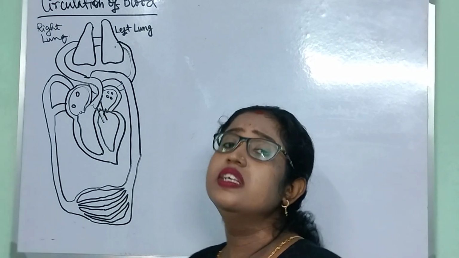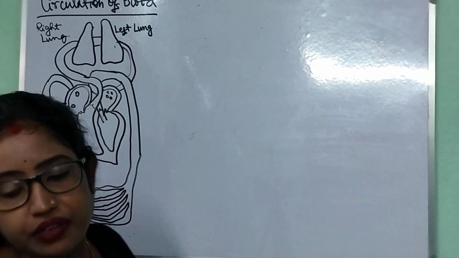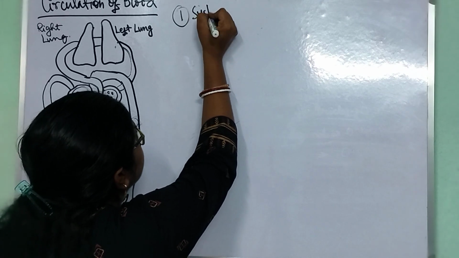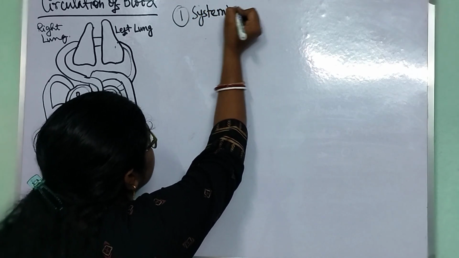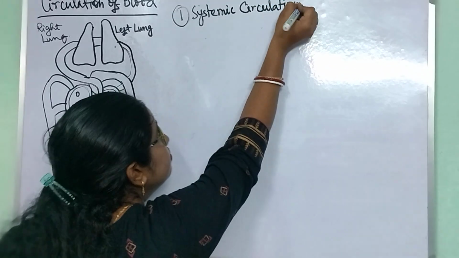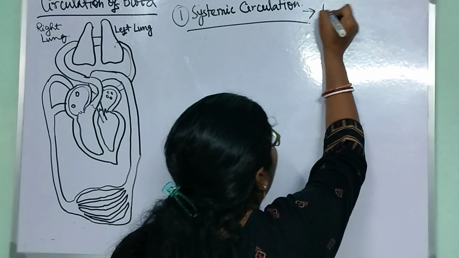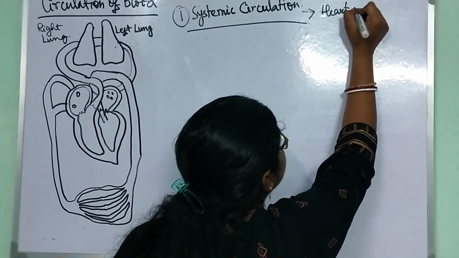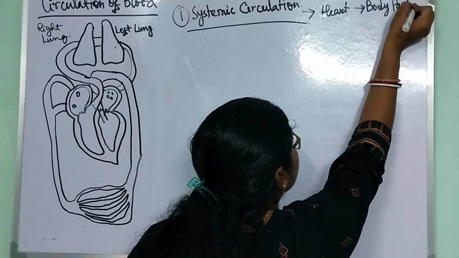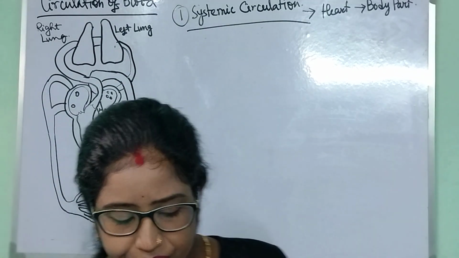So the double circulation occurs in two different stages. First one is known as systemic circulation. Systemic circulation means when blood travels from heart to body part, means different body organs, is known as systemic circulation.